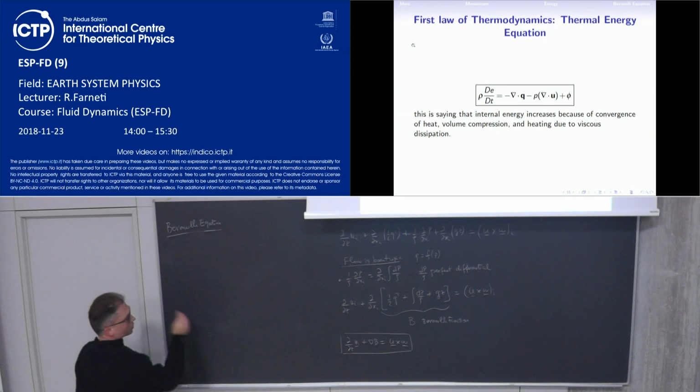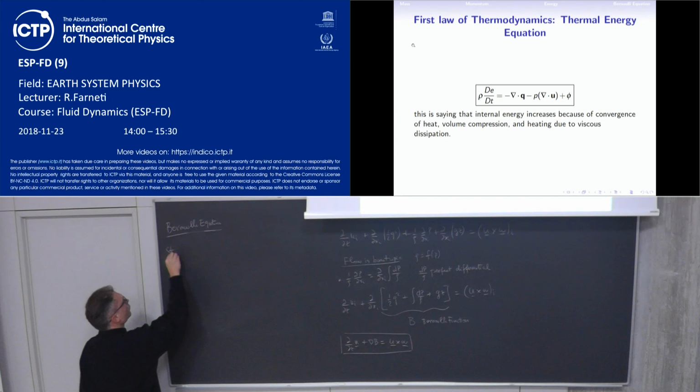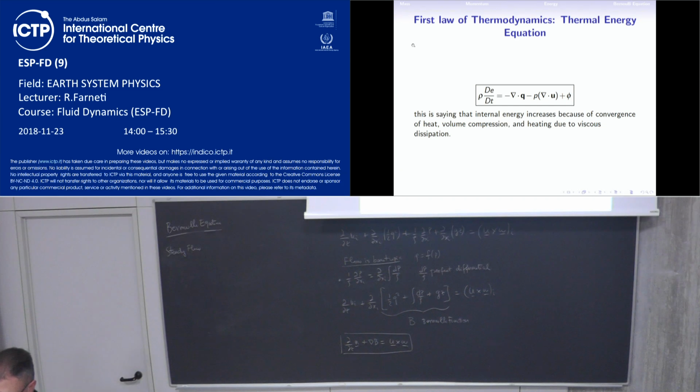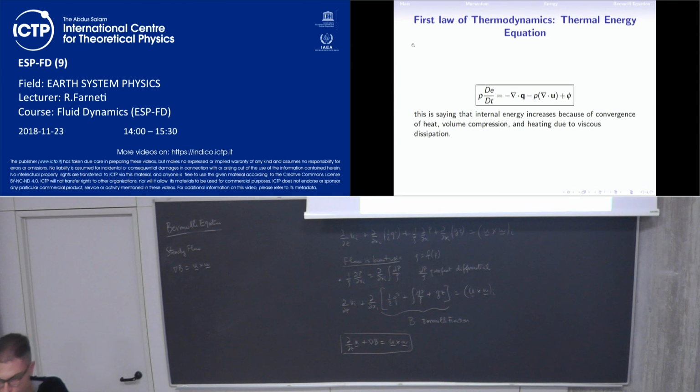The easiest case to see physically what that means is to make another assumption of steady flow. Okay, so for a steady flow, the d by dt is equal to 0. So we have this in a steady flow condition.